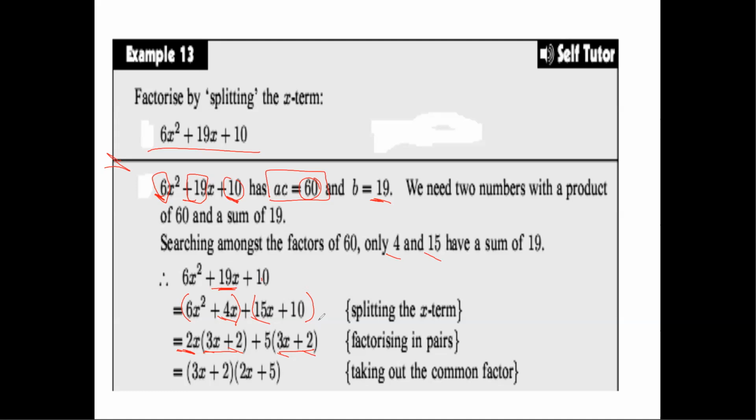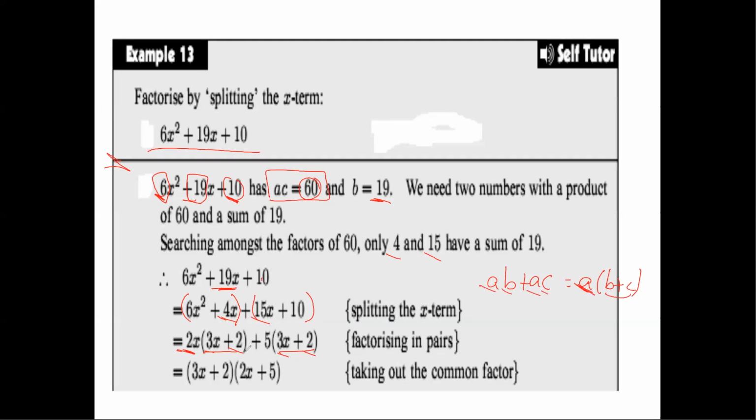Now, we're applying the distributive law in another way. Watch here. Let's say you have AB plus AC. That is equal to A bracket B plus C. In other words, you take the common factor out to the front and you put the B and the C in a bracket.